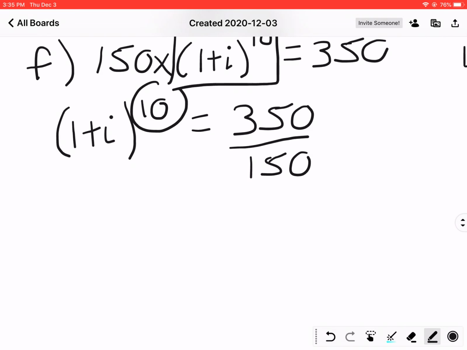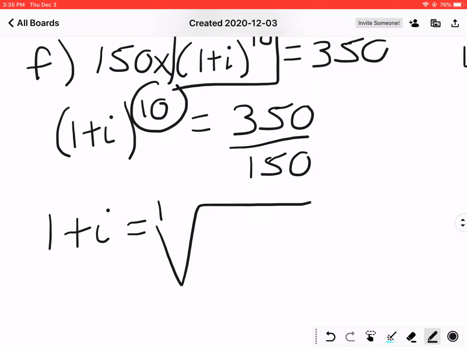To get rid of this 10, we take the 10th root of both sides. The opposite of squared is square root. The opposite of cubed is cube root. The opposite of to the exponent 10 is the 10th root. So I'm going to write 1 plus i is the 10th root.